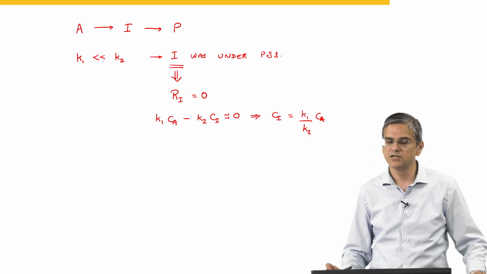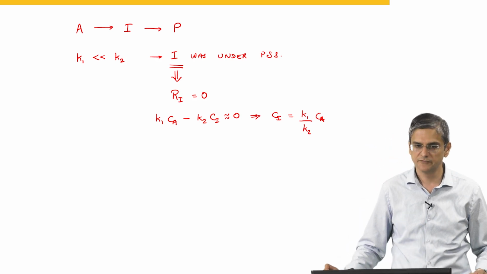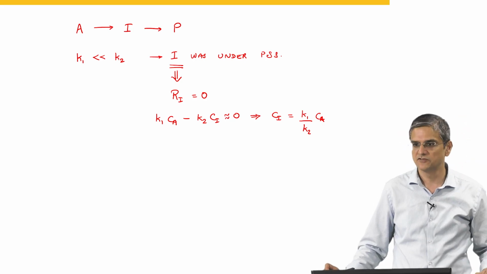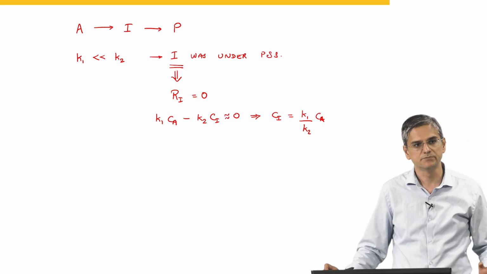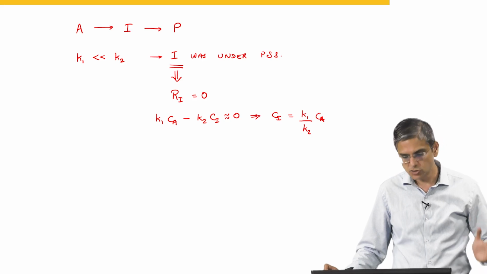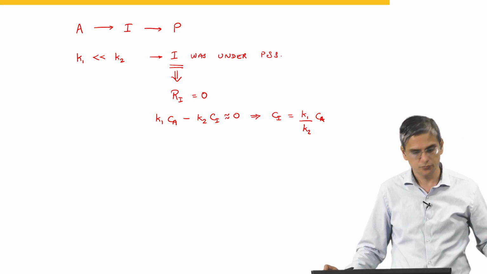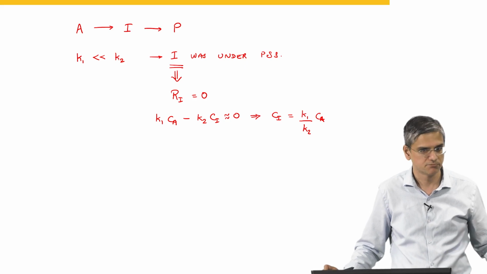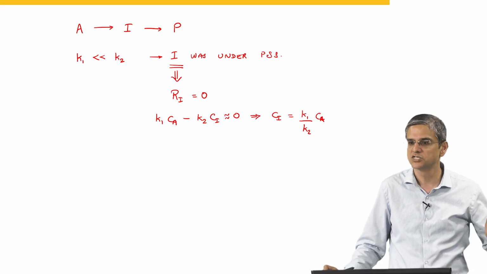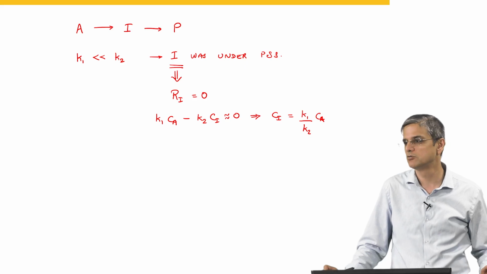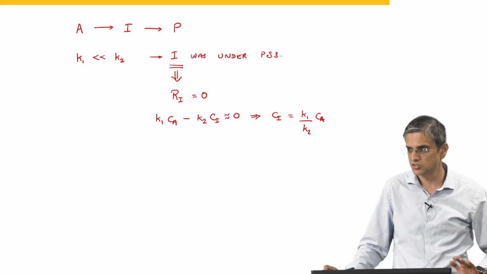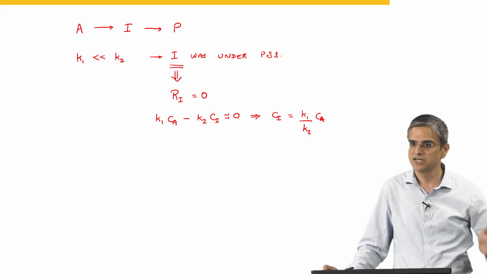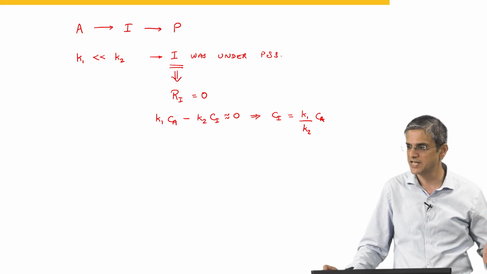What we then did in the previous lecture is we computed the value of Ca, we computed the value of Ci, we computed the value of Cp. We also computed the value of Ca assuming pseudo steady state. The value of Ca does not change, right? Ca still follows dCa by dt equal to minus K1 Ca. So, the value of Ca did not change. Value of Ci changed, but changed only slightly.